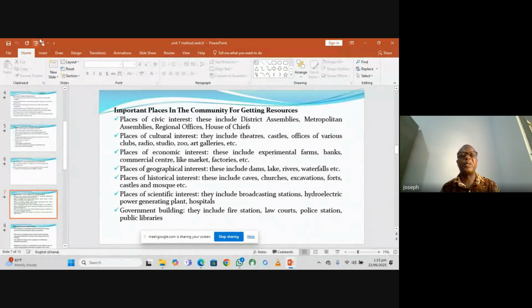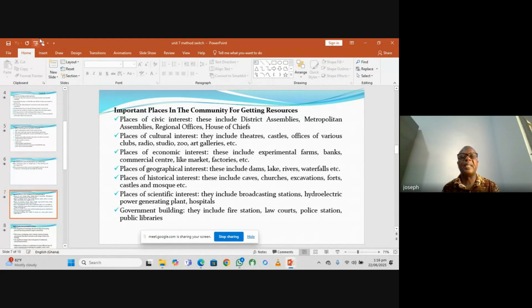We have places of geographical interest, which include the dams, lakes, rivers, waterfalls, mountains, and whatever nature has provided, and you want your learners to have first-hand information, so you have to know where you are sending them to get such information.